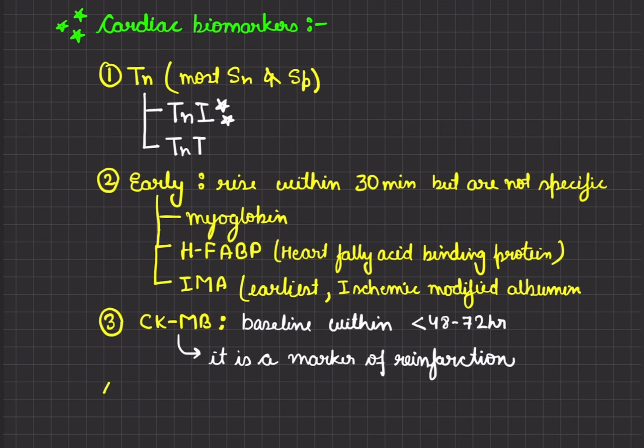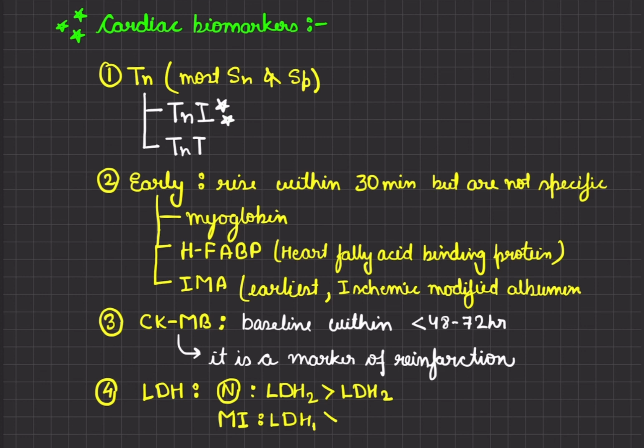Fourth one is LDH. Normally in blood, LDH2 is more common than LDH1, but in MI, LDH1 becomes more than LDH2, and this condition is known as LDH flip.